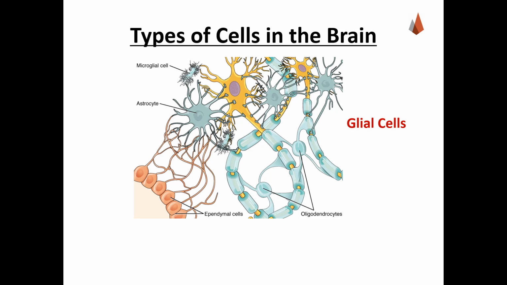As you can see, the oligodendrocytes are the aquamarine colored cells we have there, and they have projections that reach out from the cell body and wrap around the axons of different neurons. And that's what provides the myelin sheath and speeds the transmission of information.